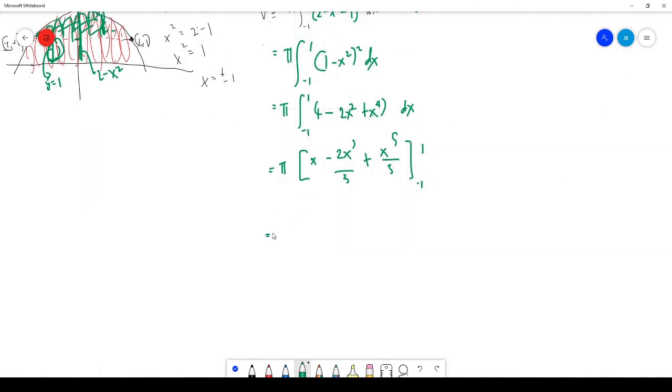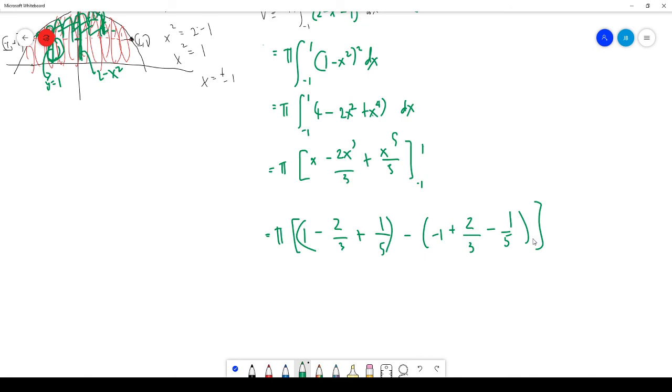So that is pi times 1 minus 2/3, that's positive 1 over 3, and this is 1/5, minus, this is negative 1 cubed, that's simply negative 1 times 2, becoming positive, minus 1/5.